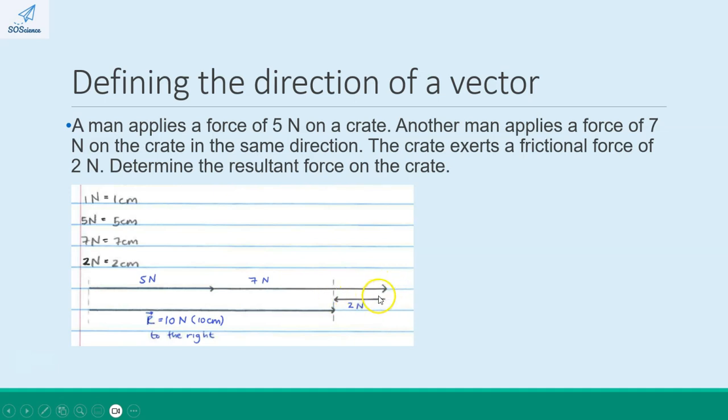I'm just not putting them one on top of the other, again, for clarity purposes. Now remember that the resultant is from the tail of the first, which is here, to the head of the last vector, which is here. And if I measure this line, it should measure 10 centimeters, which translates to 10 newtons. And that is going to be in this direction, which is to the right.